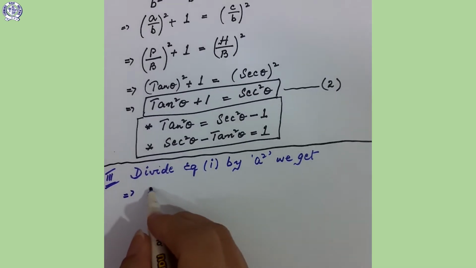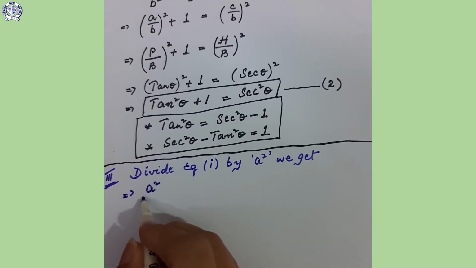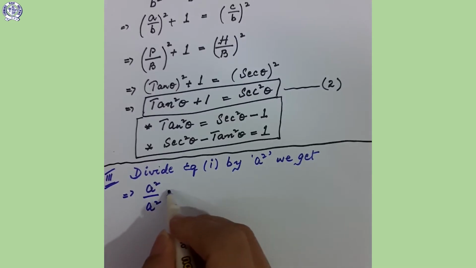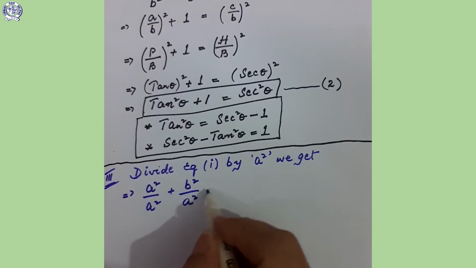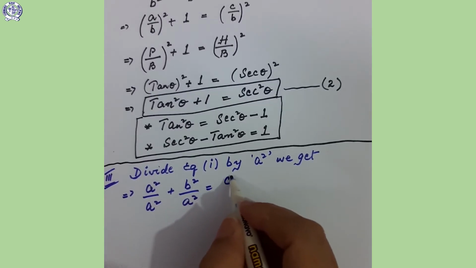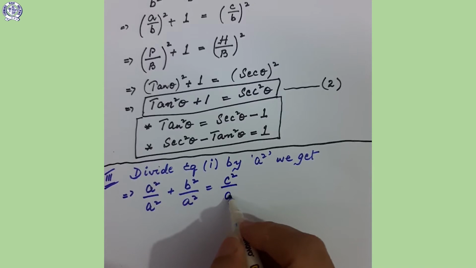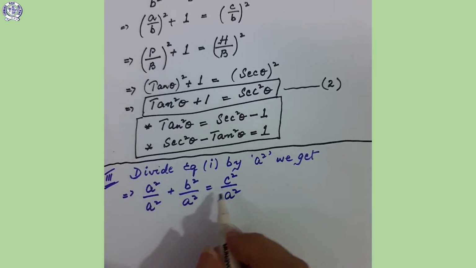So let's divide Pythagoras theorem by a square. a square divided by a square plus b square divided by a square equals c square divided by a square. So we have divided each term by a square.